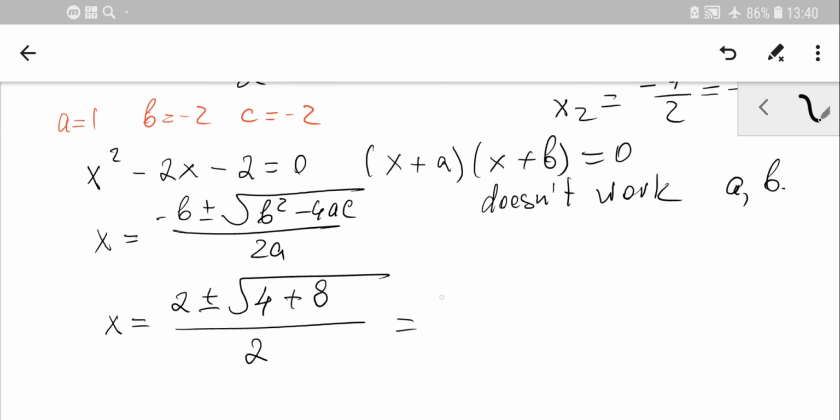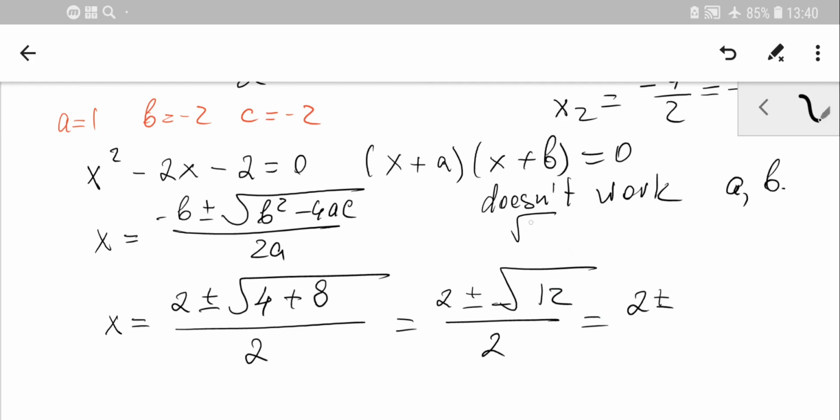So let's simplify that. And now you'll see that square root of 12 can be simplified a little bit like this, because square root of 12 is square root of 4 times 3, and that's simply 2 square root of 3. If you just remember how to cope with surds, that's how it works, and you'll get 2 square root of 3 over 2. And now you can do the following.